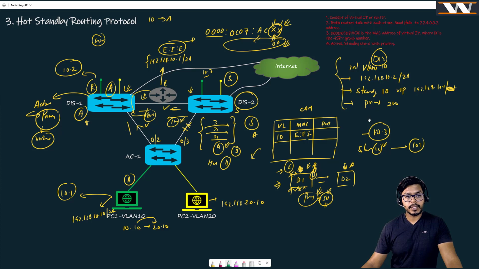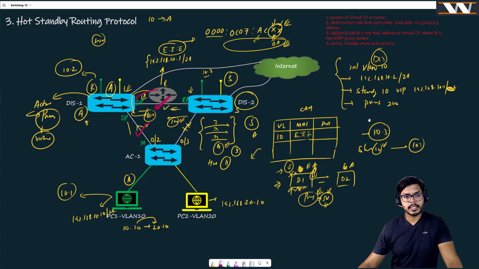But right now, distribution 1 and distribution 2 are connected. So this port is going to be my designated port. This is designated because this is root, and this is going to be the root port for this switch. So in a normal scenario, this link and this link are up, right?